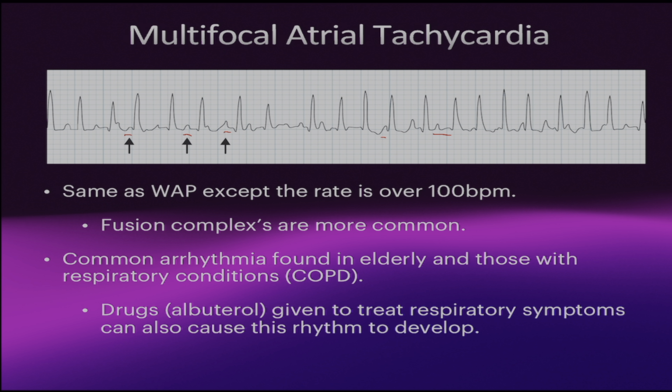So if you have a patient that may have irritable atrial tissue and we're treating that with lots of albuterol, that can cause this rhythm to develop. So moral of the story, when you're administering medications to elderly patients with respiratory conditions and you're administering 2-3 doses of albuterol, it's best practice to have that patient on the monitor and monitor their rhythm from there.